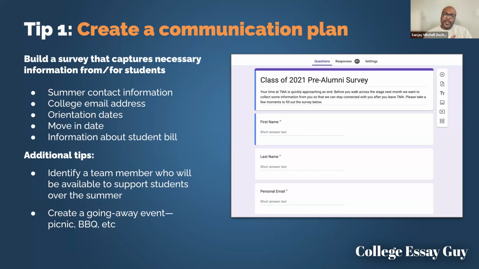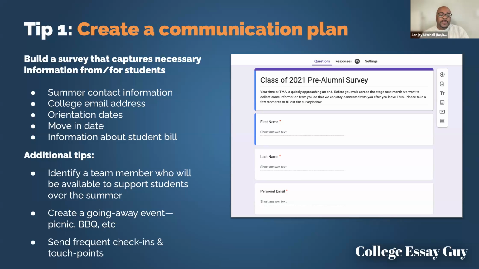So generally the middle of July to around the end of July before they go back is a nice smooth space for you to do this gathering, so that you can collect enough information from them. And if you're an organization that has an alumni program or alumni support, it allows you to really talk to them about what your alumni program consists of and how best you can support them throughout their time.